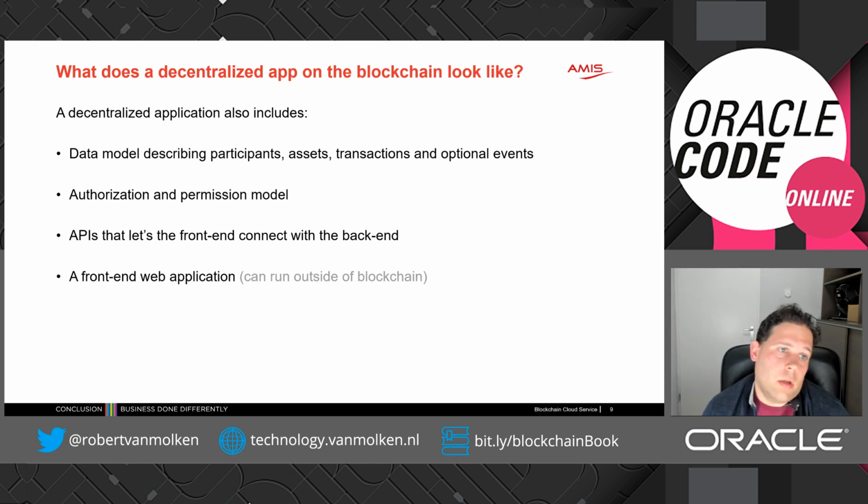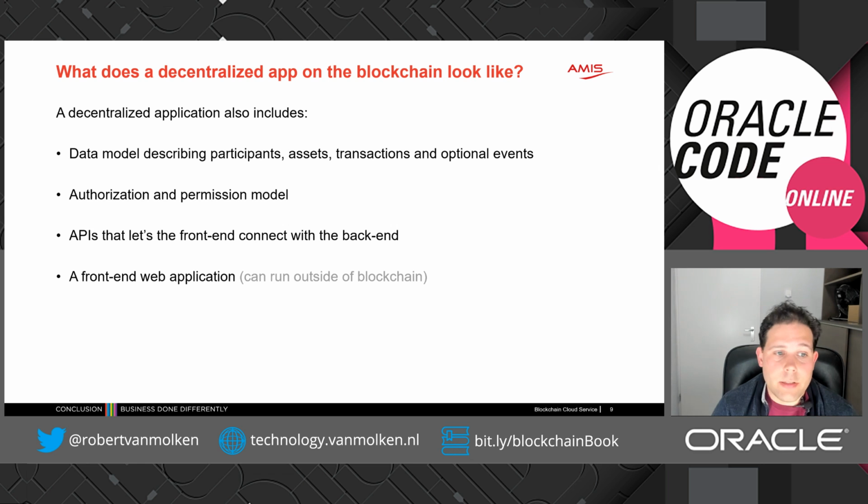Next to the data model, we have an authorization and permission model. Based on the participants we define, but also the network participants, we need to define an authorization and permission model: who can read, who can write certain data, and who can execute certain functions on a smart contract.